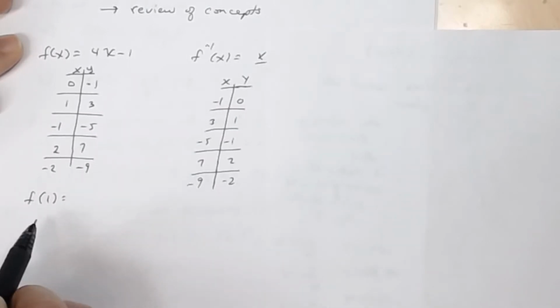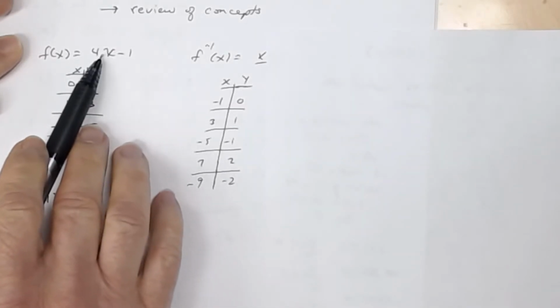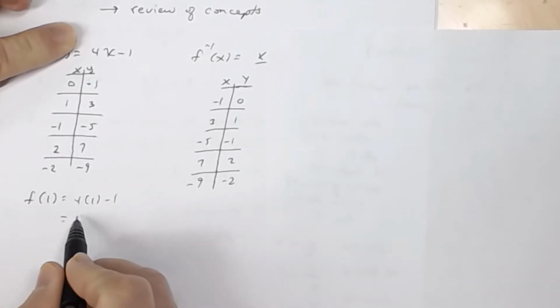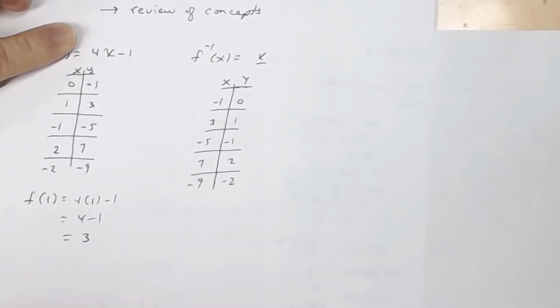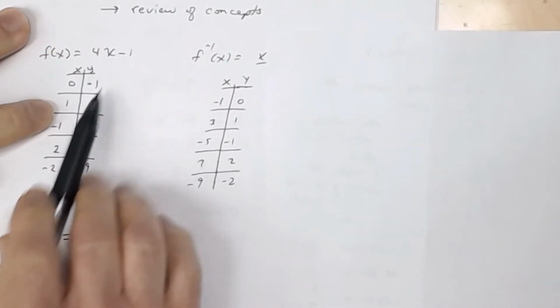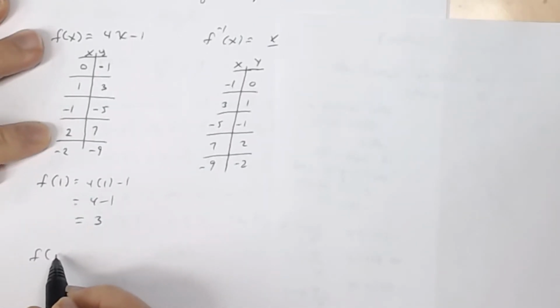F of 1. So f of 1 means I go to my function. Where we see the variable, I substitute 1, right? So that'll be 4 times 1 minus 1, which is 4 minus 1, which is 3. Y'all agree? In fact, that's how we did this, right? F of 1, I went here, and that's how I got 3. Same thing here. F of, let's say, negative 1.